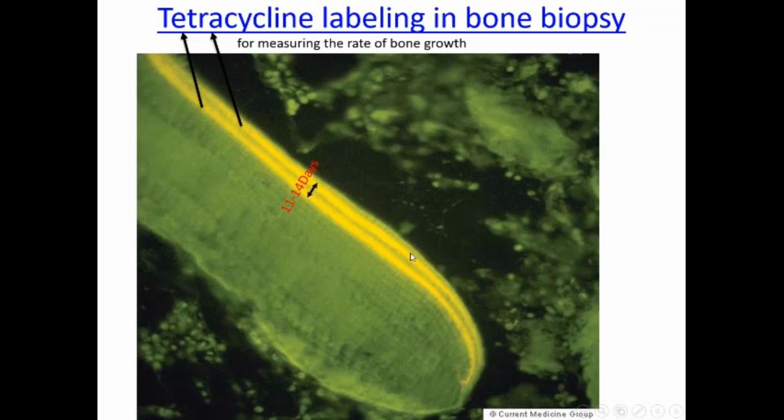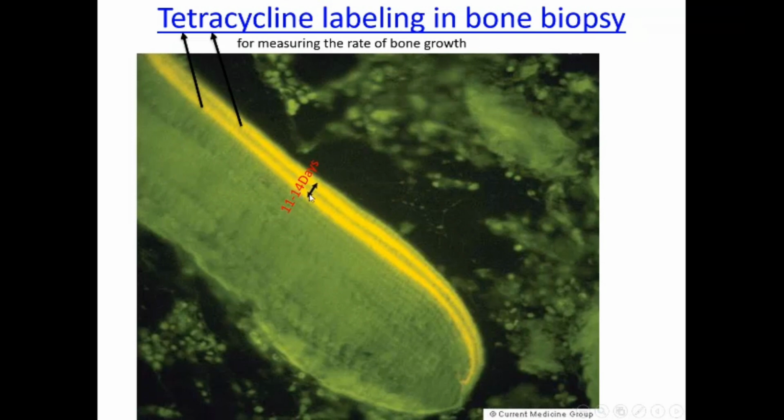How can they tell? You can see, for example in this biopsy, when the patient takes the first injection of tetracycline, it starts to deposit on newly formed bone, on the osteoid part. The tetracycline makes a complex with calcium, deposits on newly formed bone, and under the microscope gives a bright line like this.